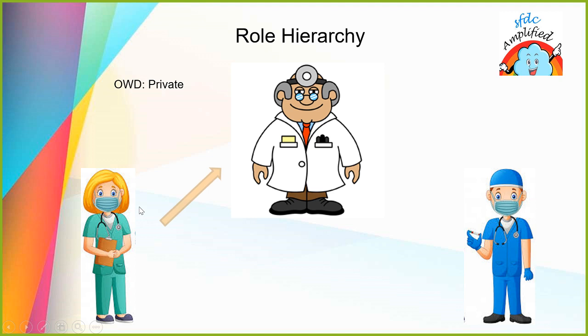Basically, a single role is assigned to many users. In Department 1, there are many doctors, and in Department 2, there are many doctors. And then doctors have access to the subordinate data. So that's how the role hierarchy works.